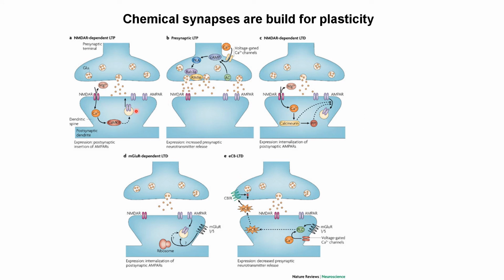We can have the insertion of more postsynaptic receptors that are going to increase how much signaling the postsynaptic neuron will see. You can also have changes in presynaptic, let's say, voltage-gated channels, so you will have more or faster calcium entrance, and that can lead to more release of neurotransmitters. But you can modulate chemical synapses in many different ways, and that is their key characteristic.